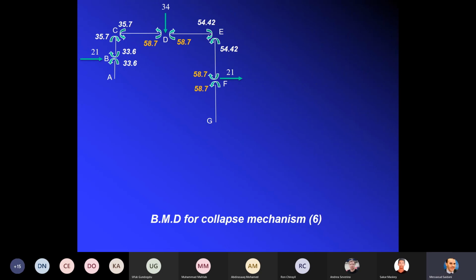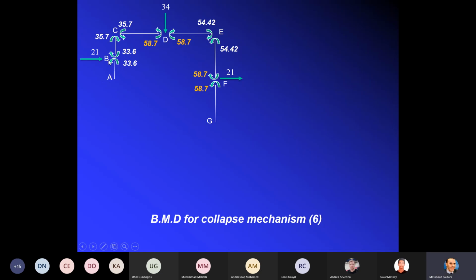Okay. So before you draw the bending moment diagram, remember to consider where the tension will be. Starting at column ABC, what can we say about the tension?